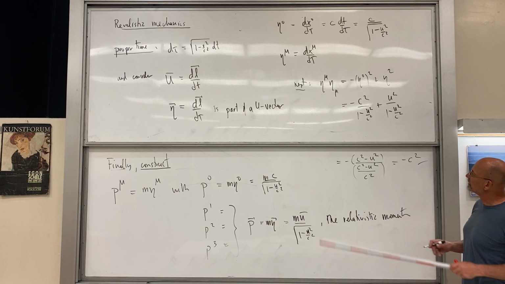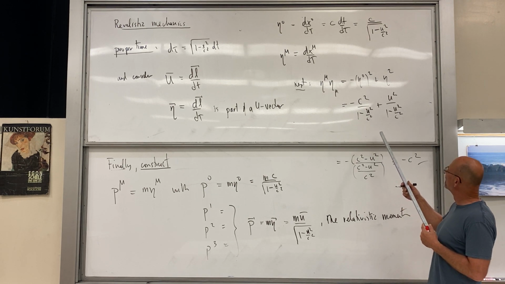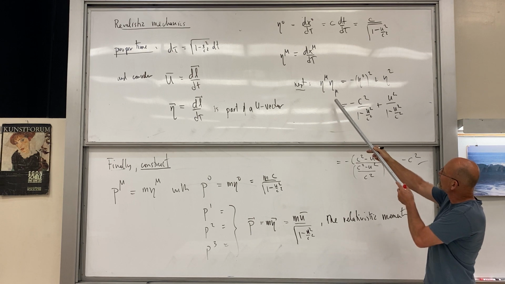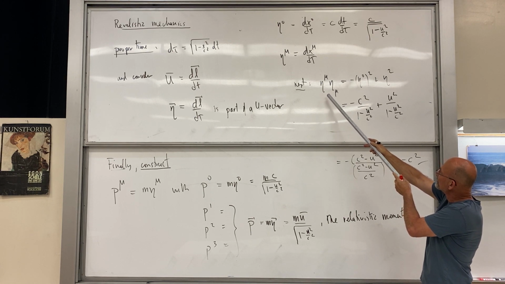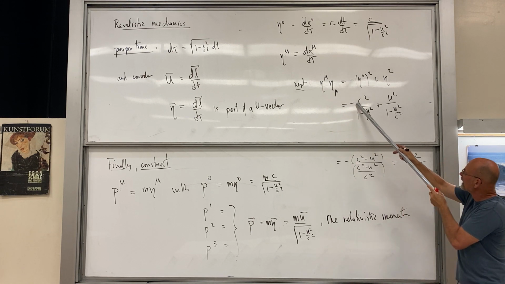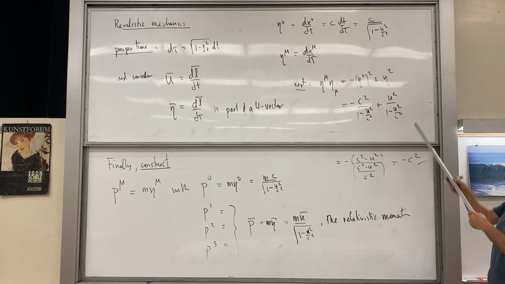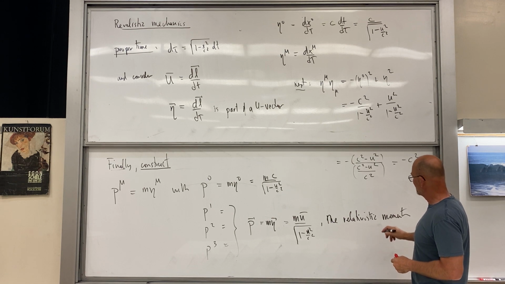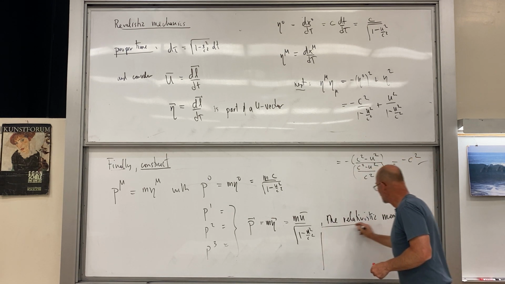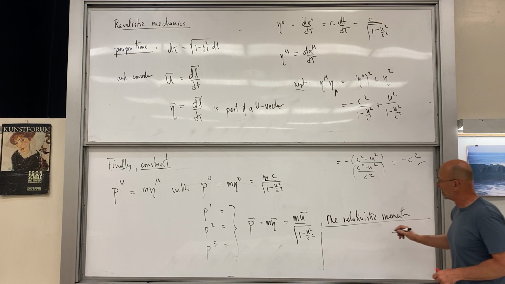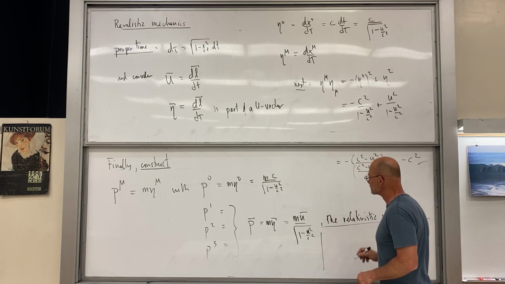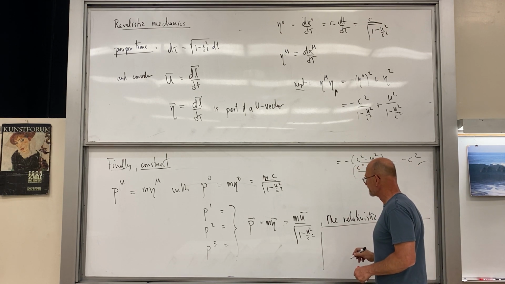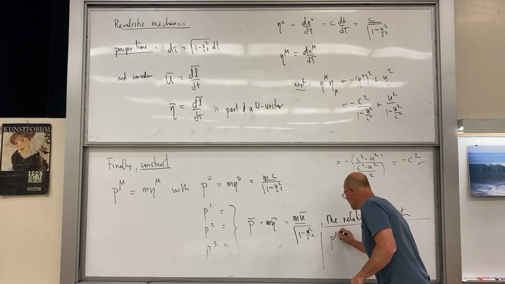And since this is just a multiplication with an m, you'll have an m squared times these. Okay. In fact, let's go ahead and do that. So we have p mu p mu.